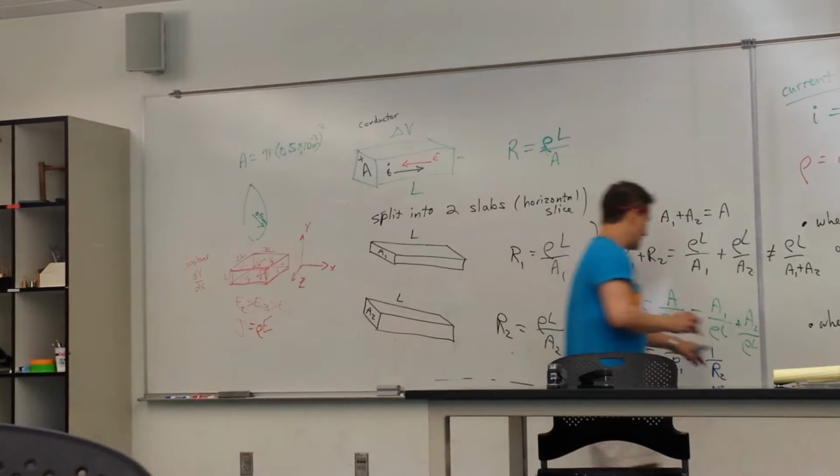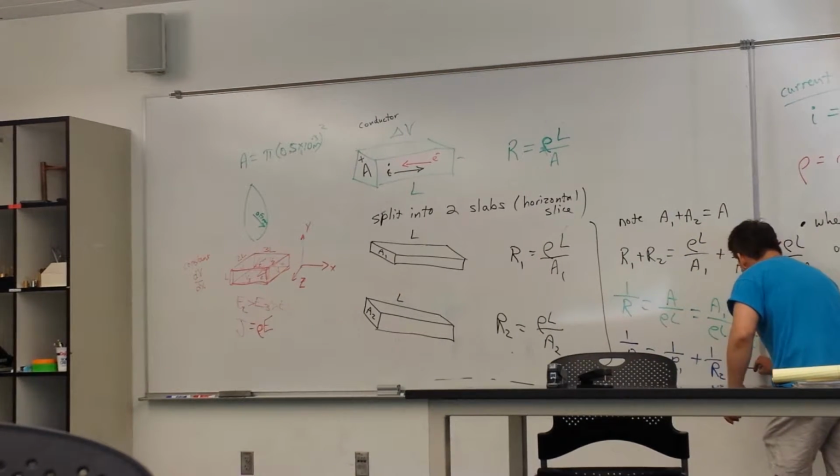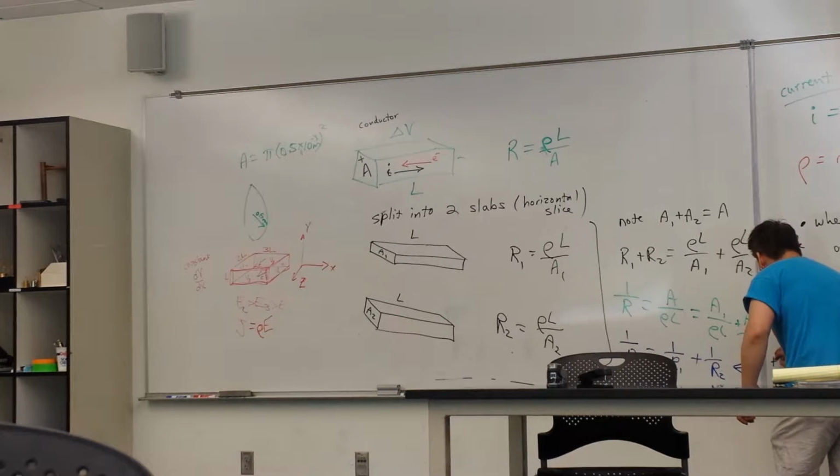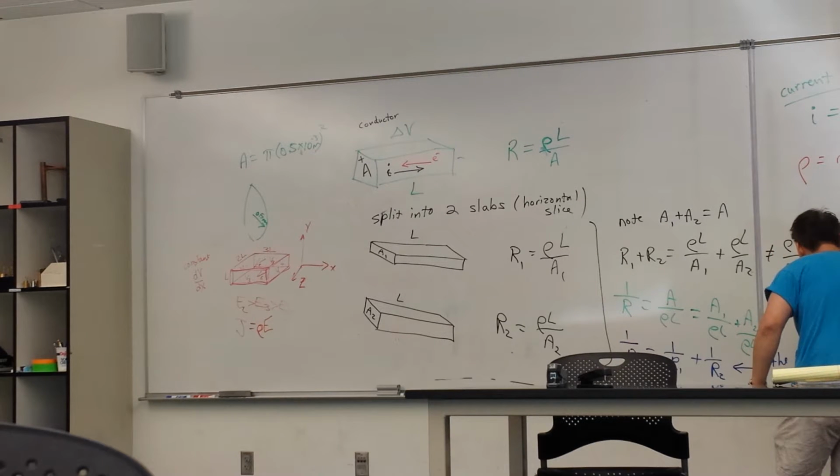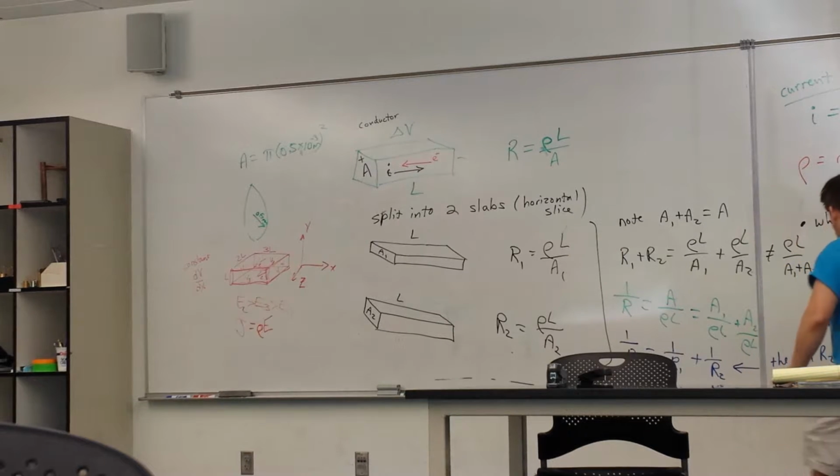So, in other words, what this says is that the R1 and R2 slabs are arranged parallel to each other.